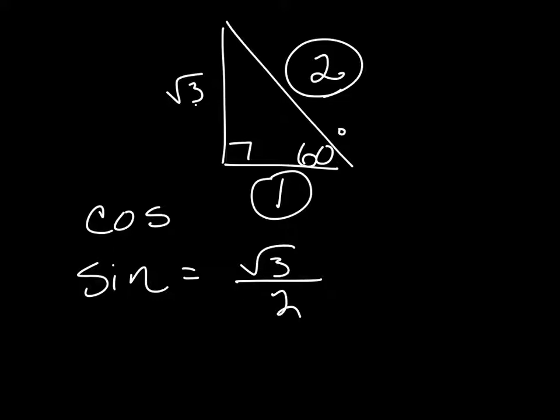So once I figure out what these things are, I can go with the theory that the sine and cosine are opposite for 30 and 60, which means that cosecant and secant are opposite for the 30 and 60.